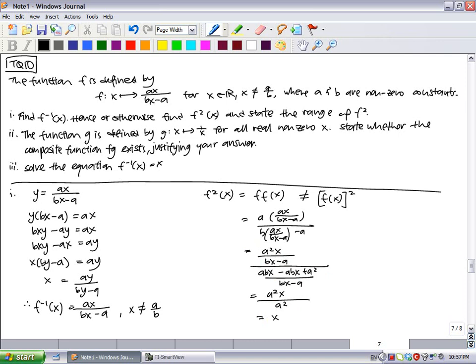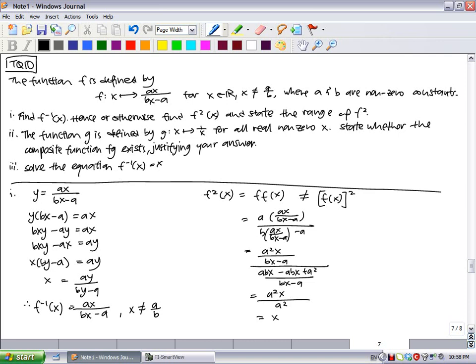So you see, it actually equals x, which is a rather simple composite function, and it's supposed to state the range of f squared. Now it seems like you can't really tell, right?